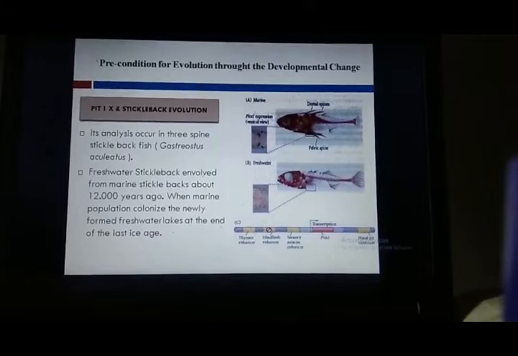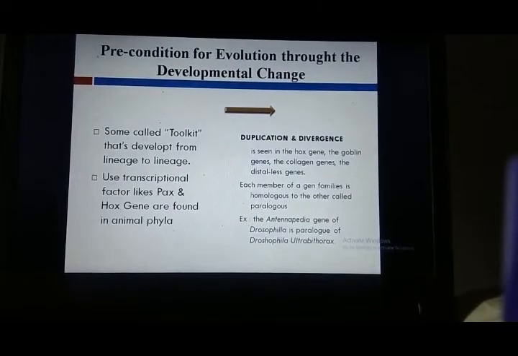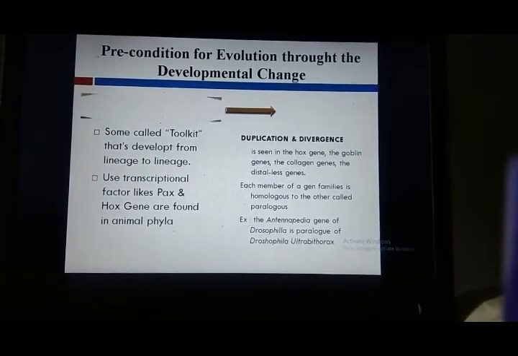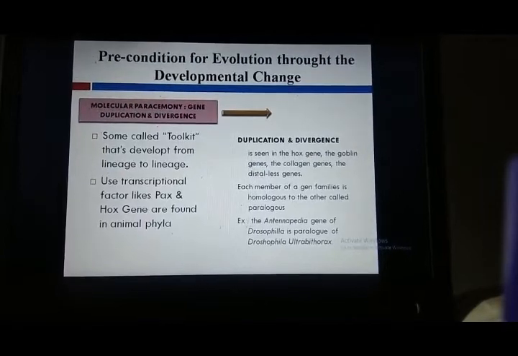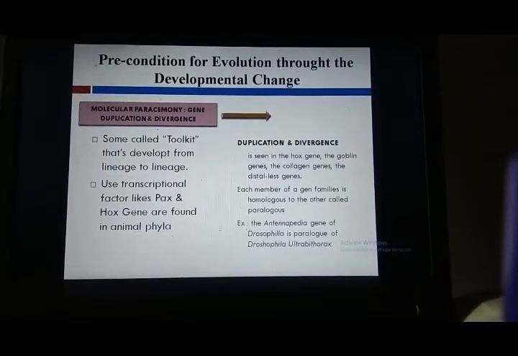And the next is about molecular parsimony, gene duplication and divergence.